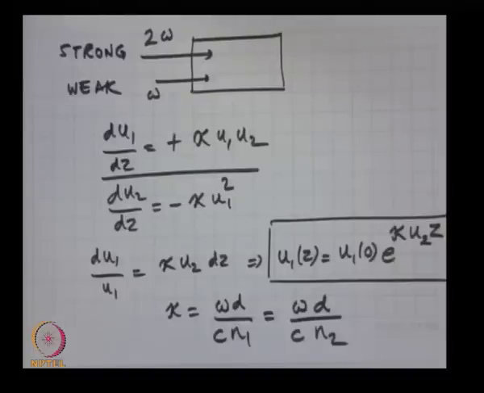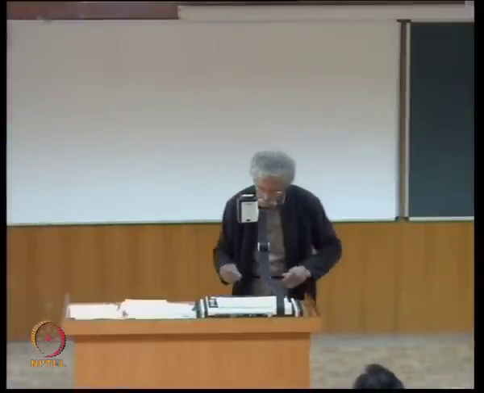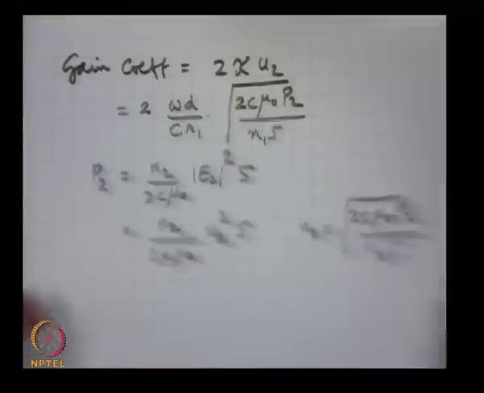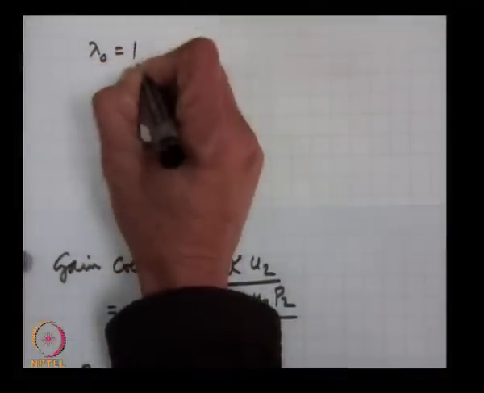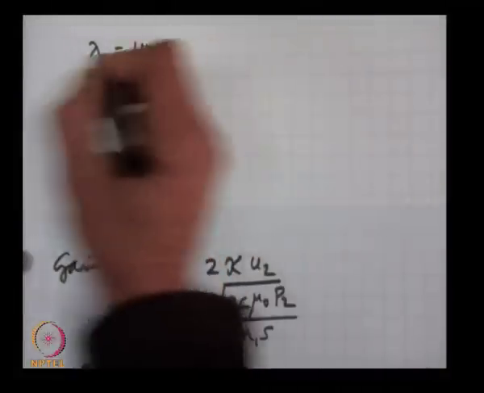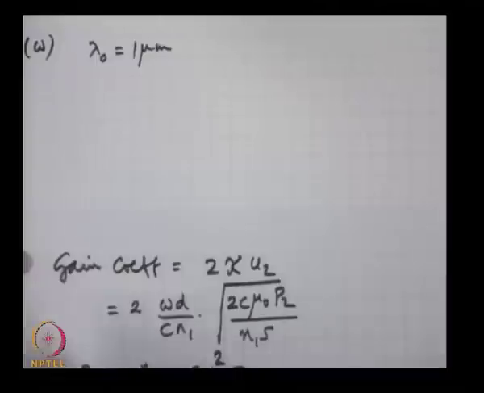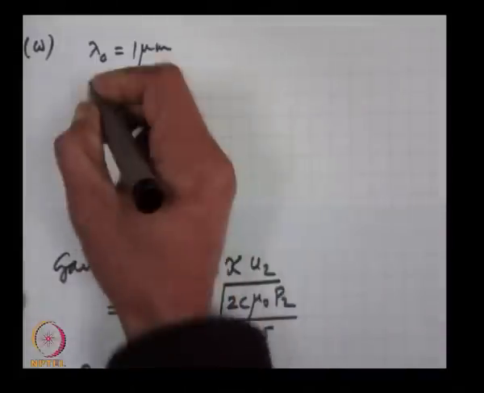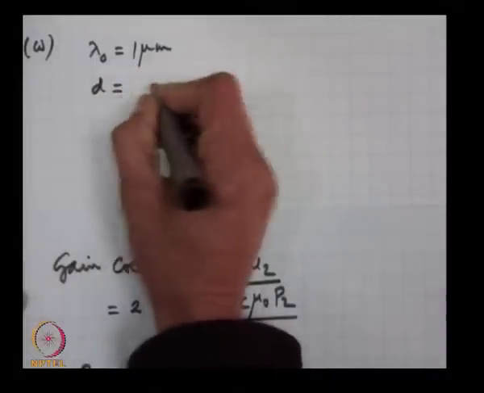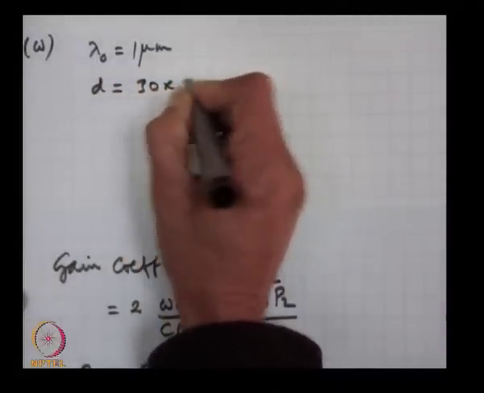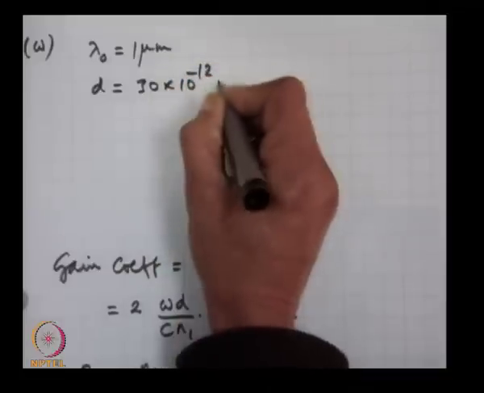Okay. So let me put some numbers and calculate what kind of efficiencies, what gain coefficient we will get. The gain coefficient is given here. Let me take a typical example. Here's an example where my incident lambda corresponds to 1 micrometer. This corresponds to omega frequency. We take lithium niobate, d equal to 30 times 10 to the minus 12 meters per volt.